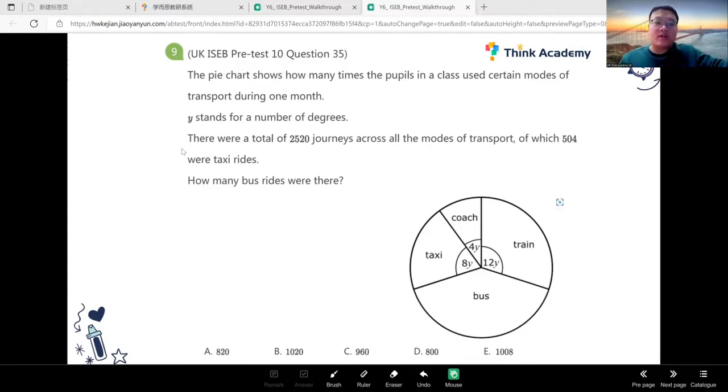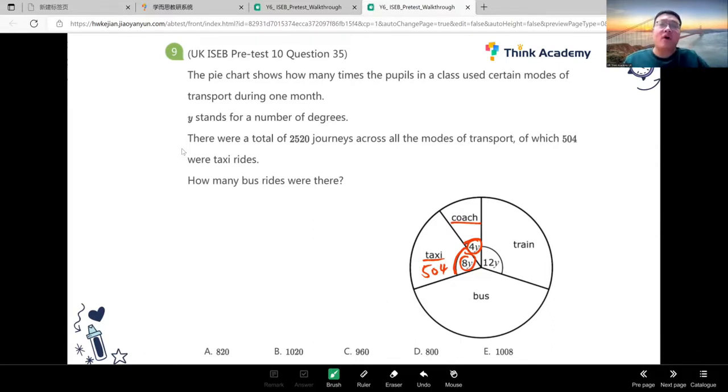So actually, for this question, I'm going to use the ratios to solve it. See, we know the number of taxi rides is 504, right? And that is 8y. And as for the coach, it's only 4y. So 4 is a half of 8.